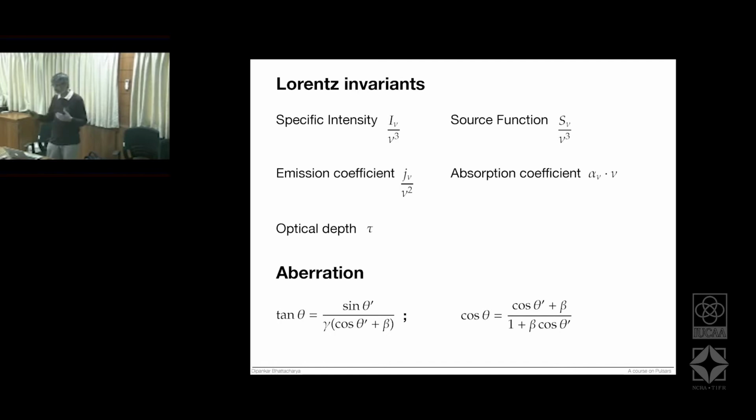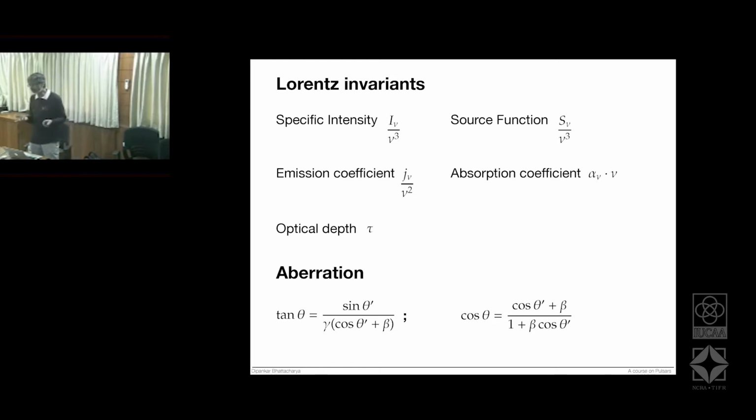Suppose there is a certain number of photons incident and a certain number exit the system. That ratio is given by e to the power of minus tau.